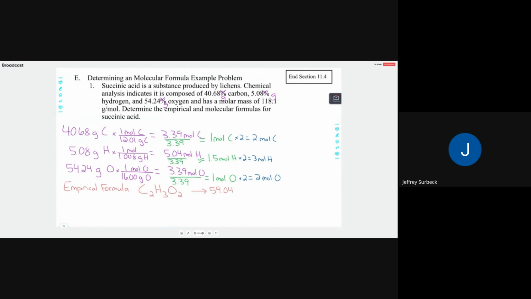59.04 grams per mole. Well, here is where this 118 is going to come into play, and that is this. If we take this 118, you always take the given mass in the problem, and you divide it by the molar mass in our formula.